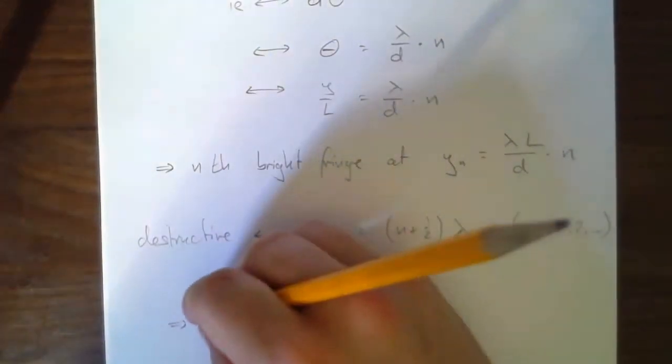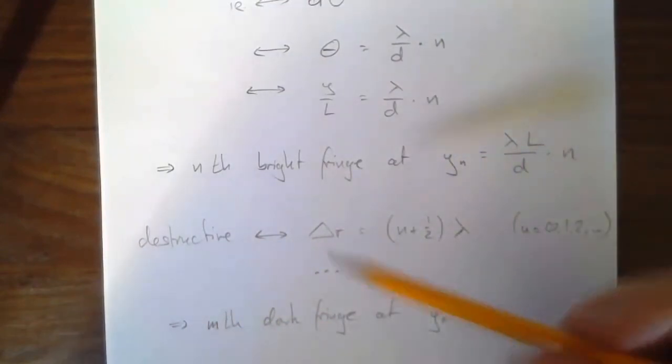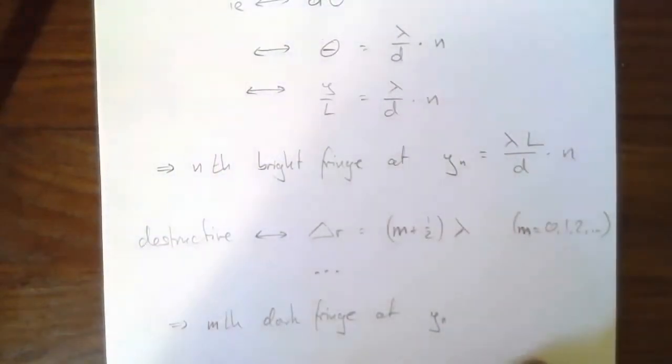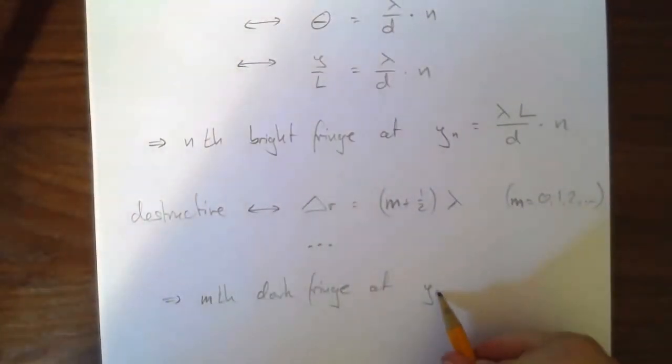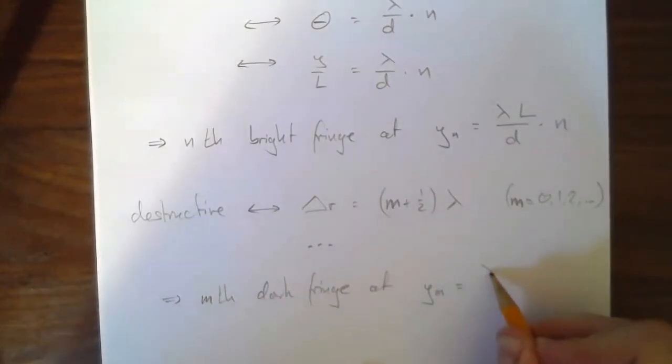Right, let me label it maybe the mth dark fringe. Let me just label those with the letter m rather than n. y_m is equal to lambda L over d times m.